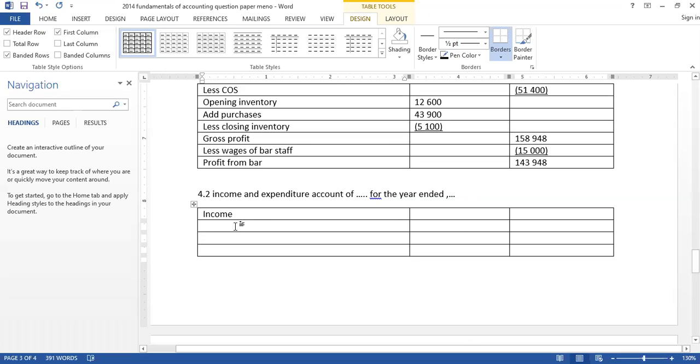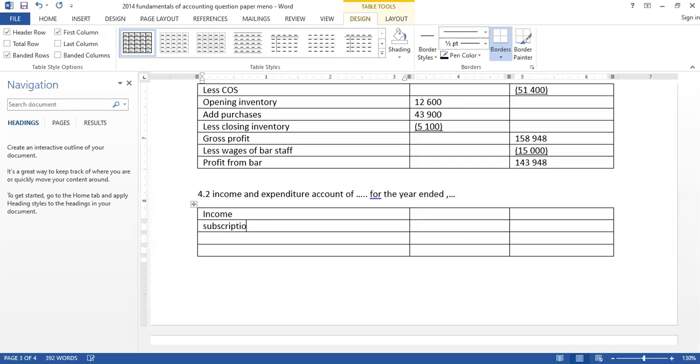So what incomes do we have there? What is the first income that you always write? The main income. What is the main income of a non-profit making organization? Subscriptions.